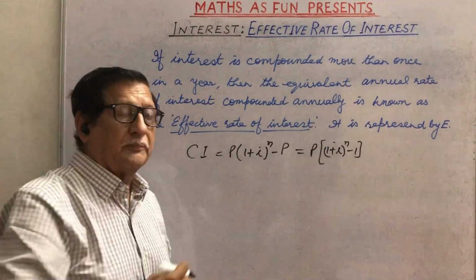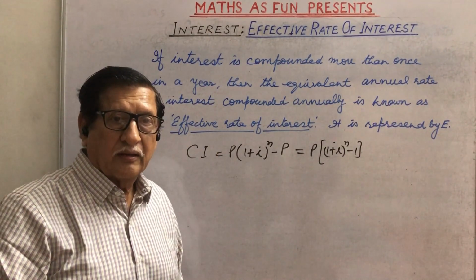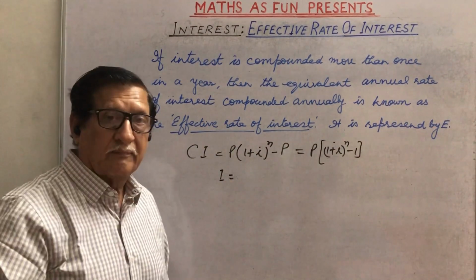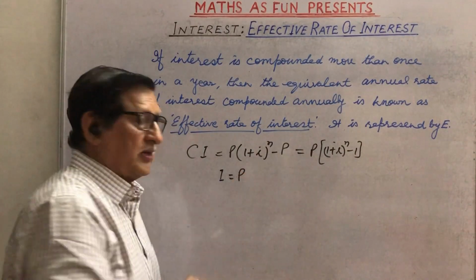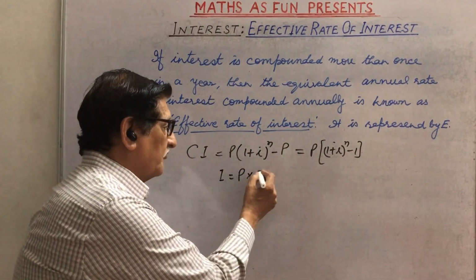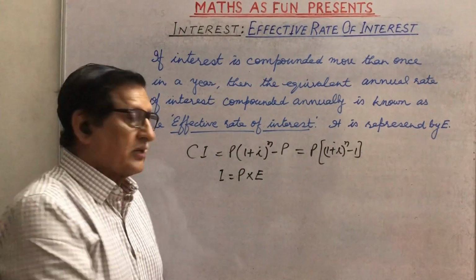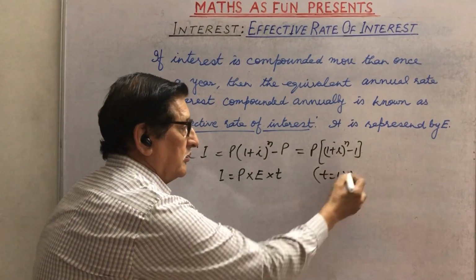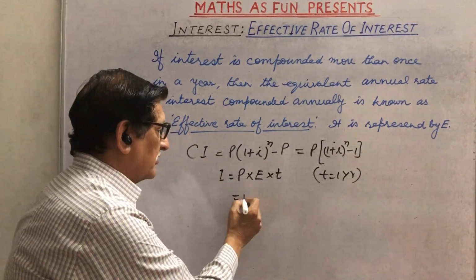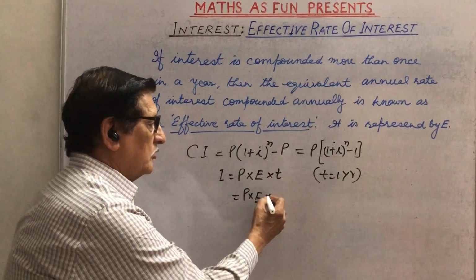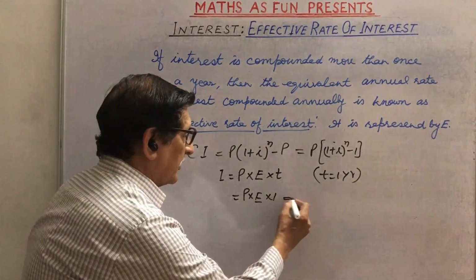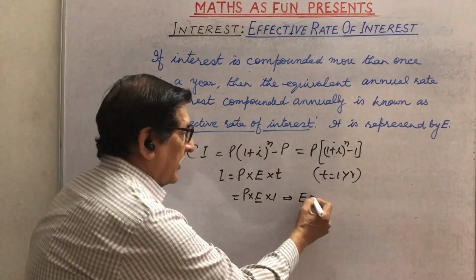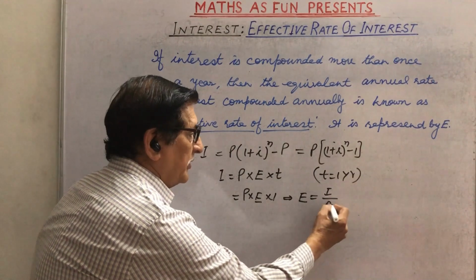After calculating the compound interest, we take this interest as I, the principal is P, and suppose the effective rate of interest we take as E, and this is for the time T, where T generally will be 1 year. So we can write this as I = P into E into 1. It means we can calculate the effective rate of interest E as I upon P.